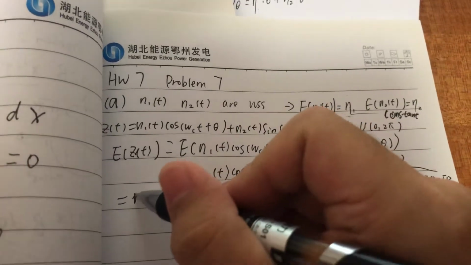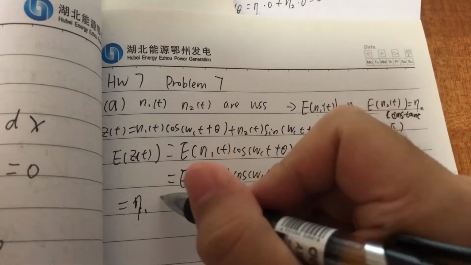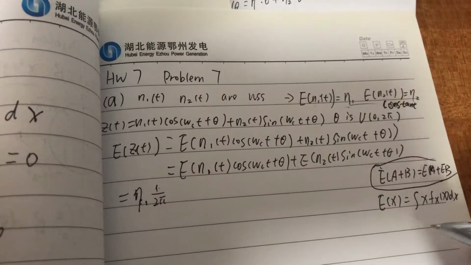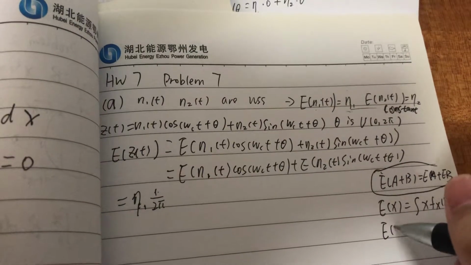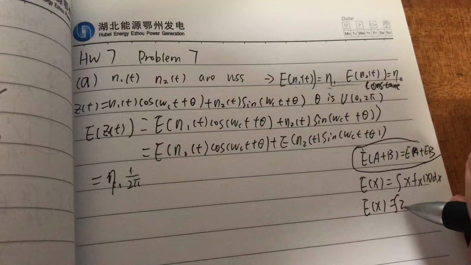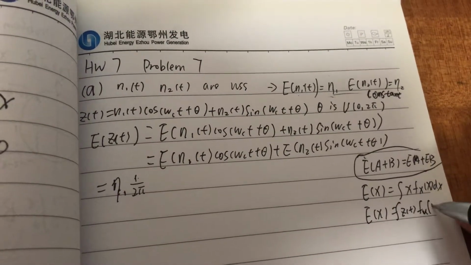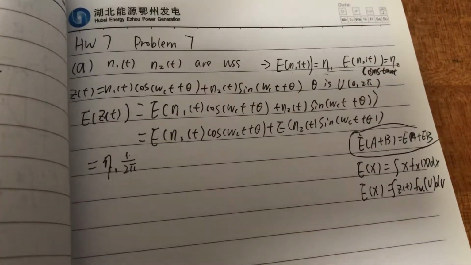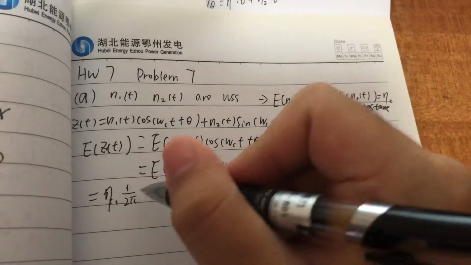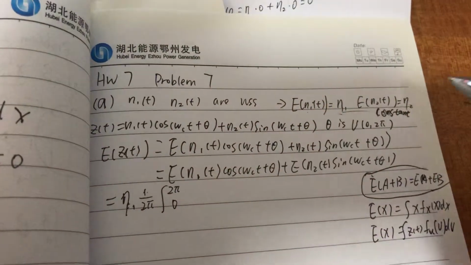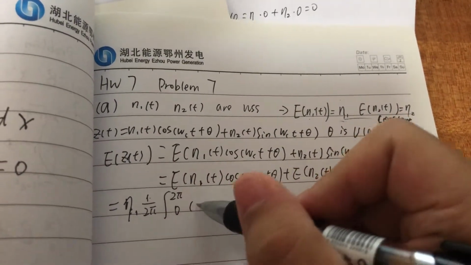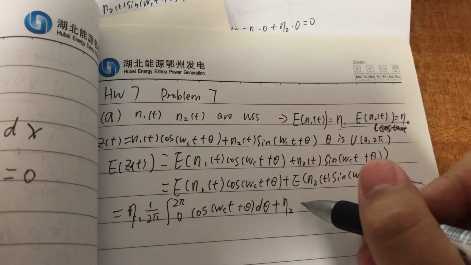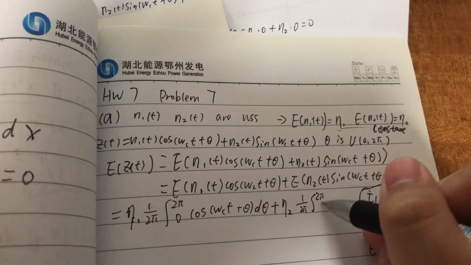We translate to mean 1 times 1 over 2 pi, because theta is uniform, times the integral of the cosine function f(u) du over the region 0 to 2 pi, and similarly mean 2 with the sine.